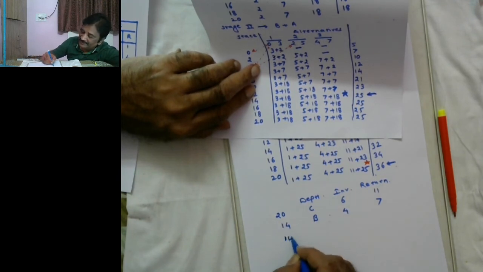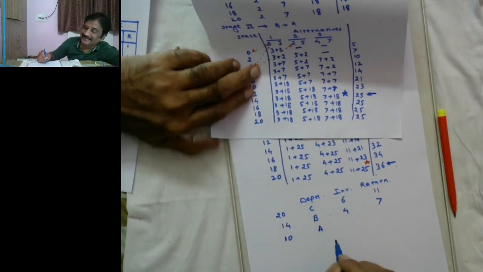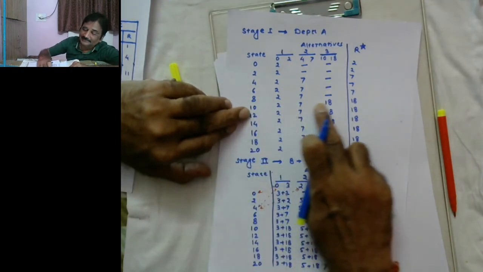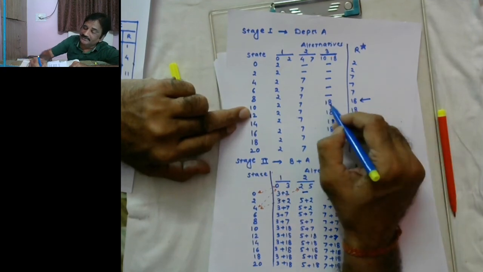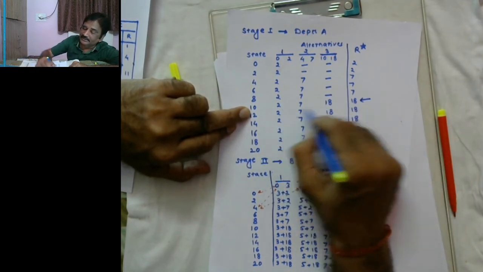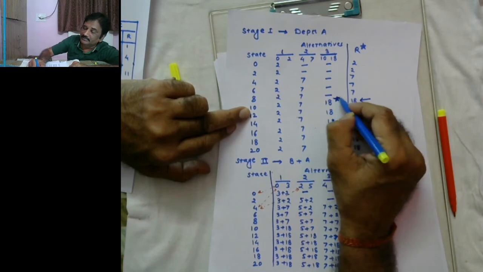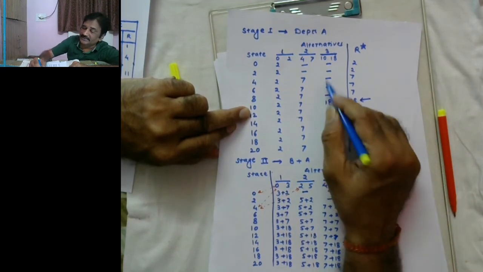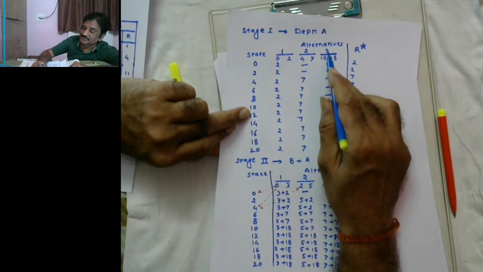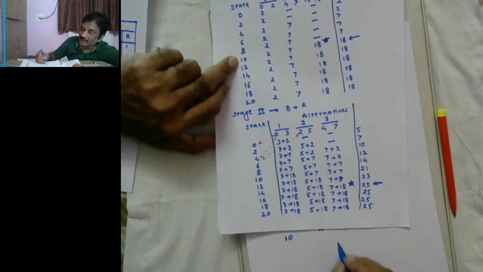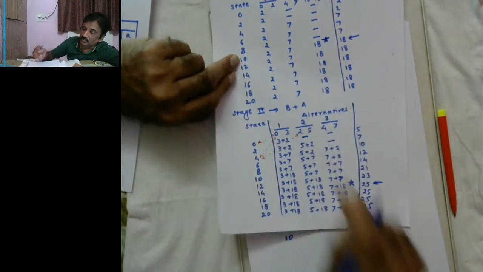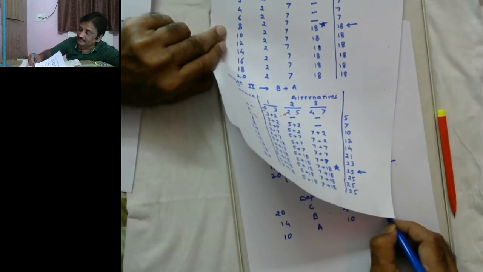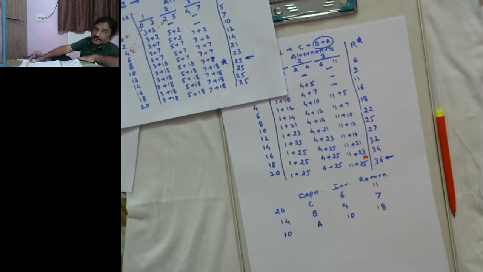I am left with 10 crore, which is to be invested in department A. So 10 crore is here, and here it is 18. And this 18 is because of this 18. This 18 asks you to use the third alternative again, which requires you to invest 10 crore rupees and the return is 18. This is how to find the answer.